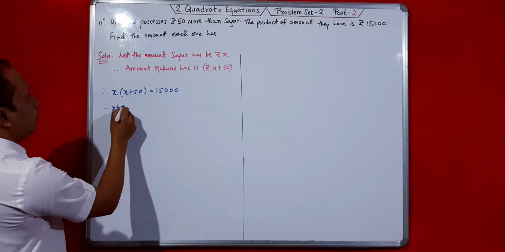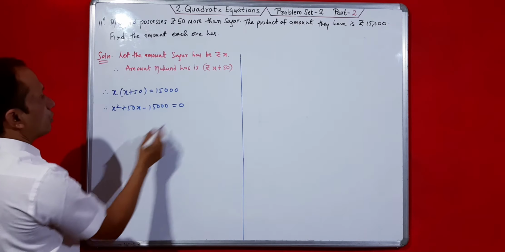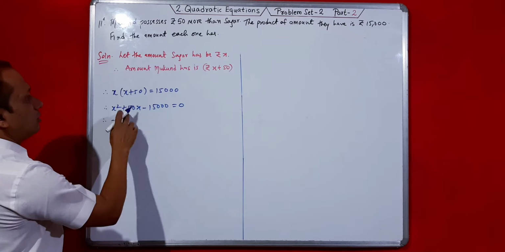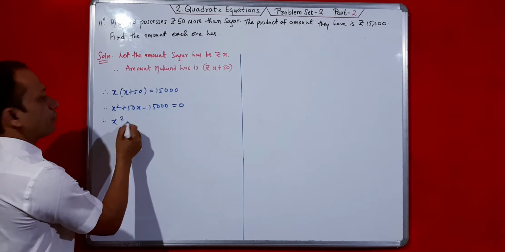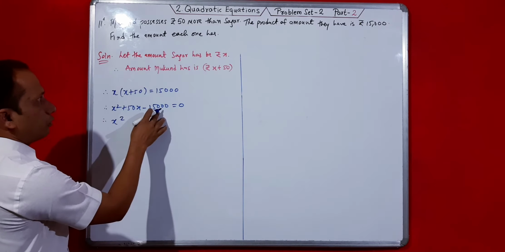Therefore x square plus 50x minus 15,000 is equal to 0. We have to factorize this. So don't take tension, just consider the 15 here as 15,000.